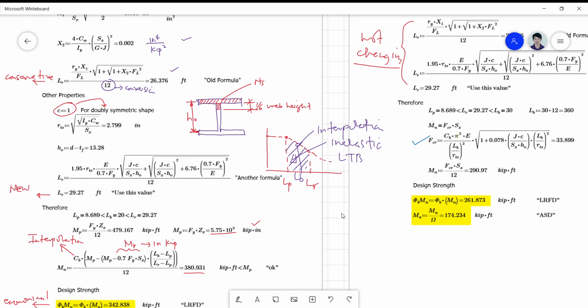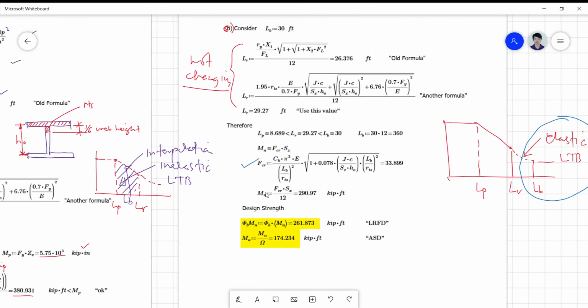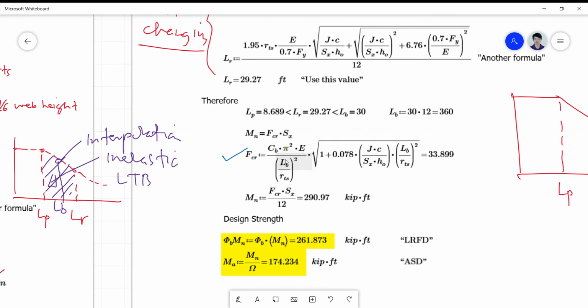Okay, so to continue letter C now, we simply solve FCR on the basis of this formula. Again, J, C, X, H, O, RTS are just the same properties we have been using a while ago. So we just plug in all the values and compute it, and we get your FCR to be 33.899, of course in KSI.